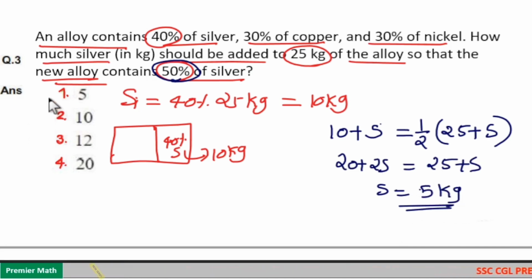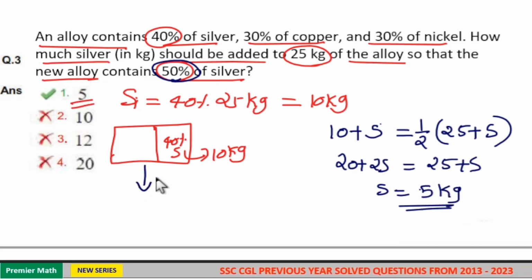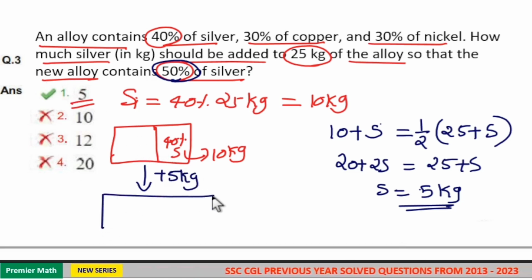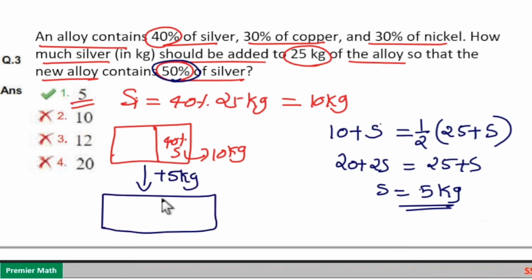Option 1 is your answer. That is, when I add 5 kg silver to this initial alloy, the new alloy will contain 50% silver.